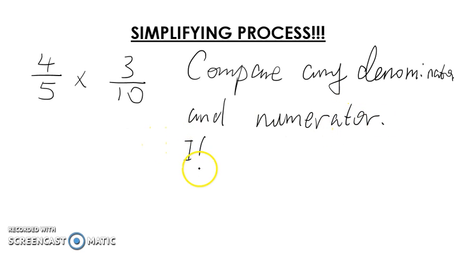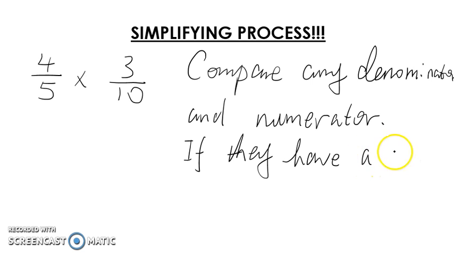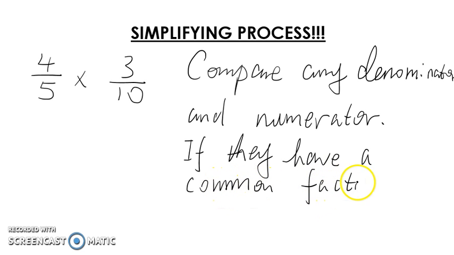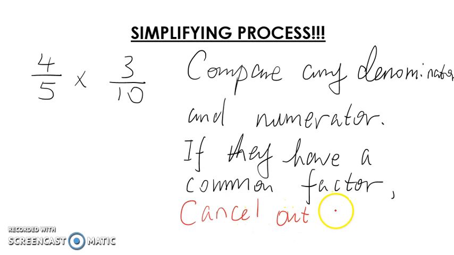If they have a common factor, CF, cancel out, which is the big word. I'm going to repeat repeatedly using this word. Cancel out by division.